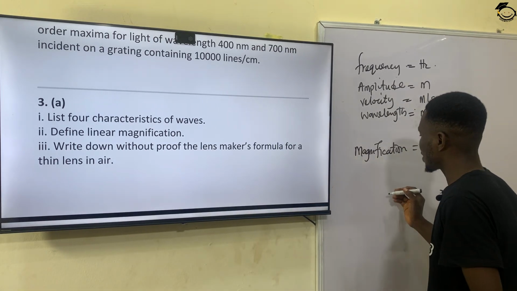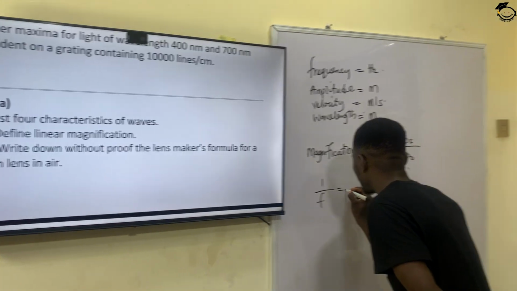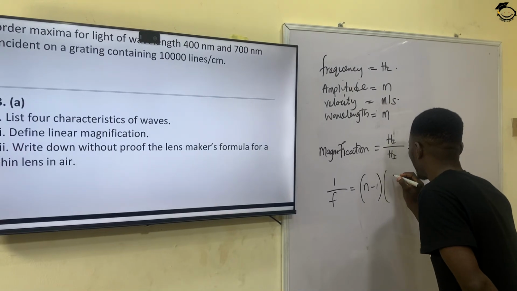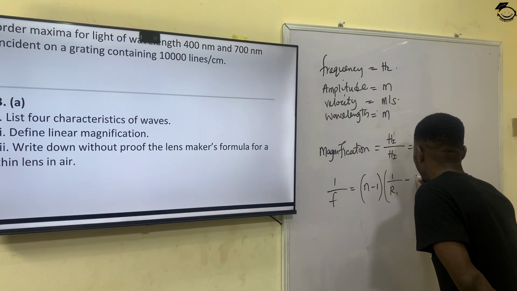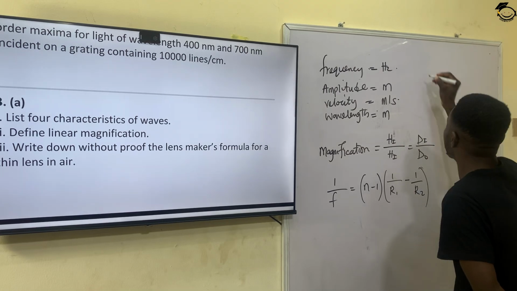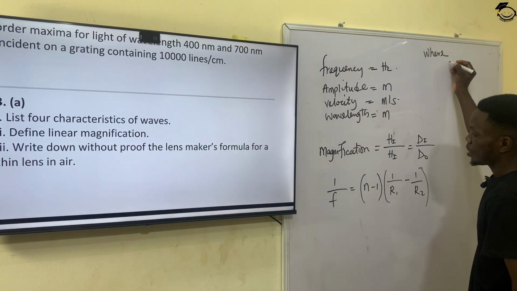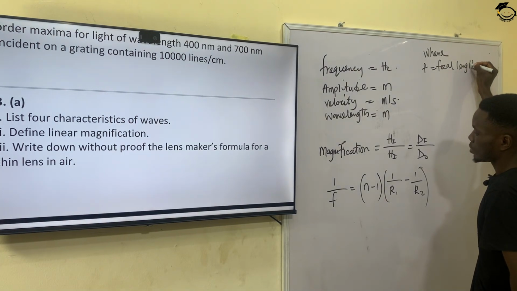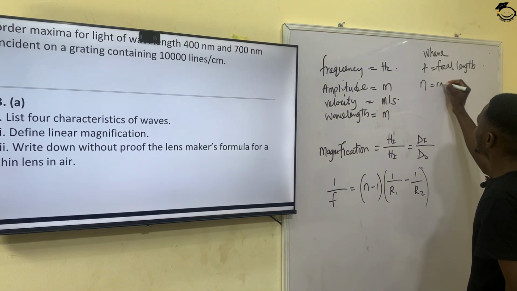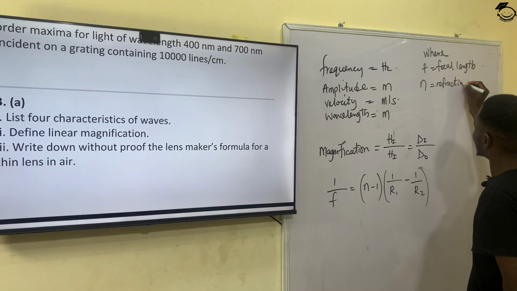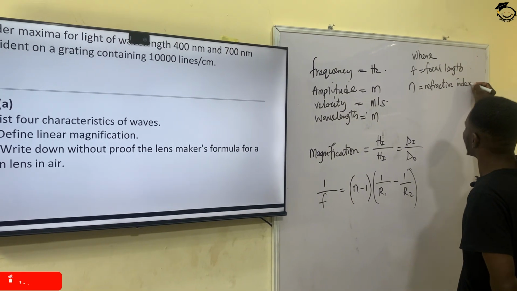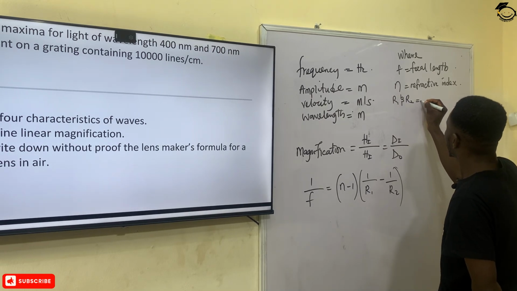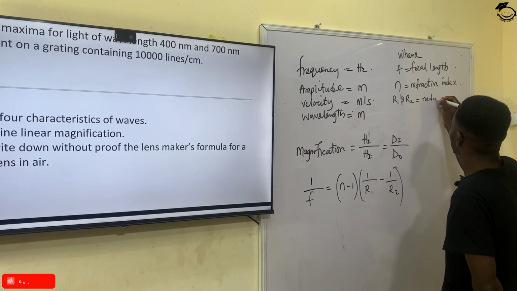Now, the lens maker's formula says that I have 1 over my focal length equals my refractive index n minus 1 in bracket, 1 over R1 minus 1 over R2, where F is focal length, n here is refractive index, and R1 and R2 are radii of curvature.